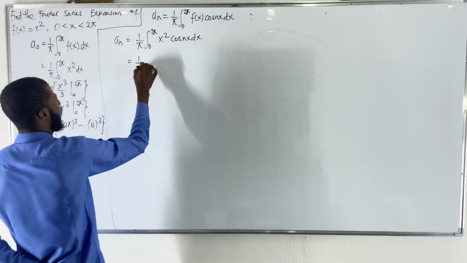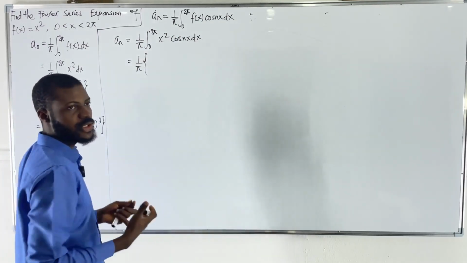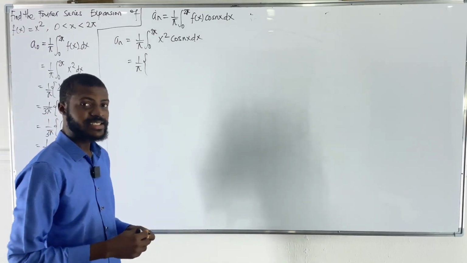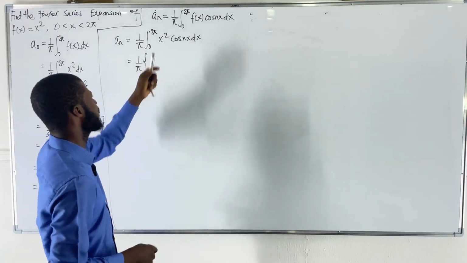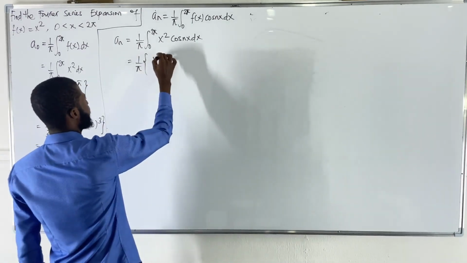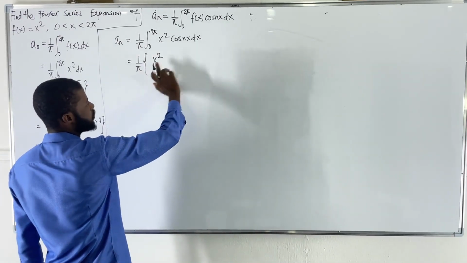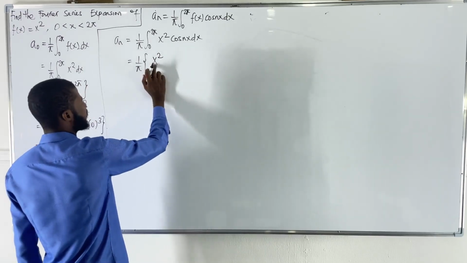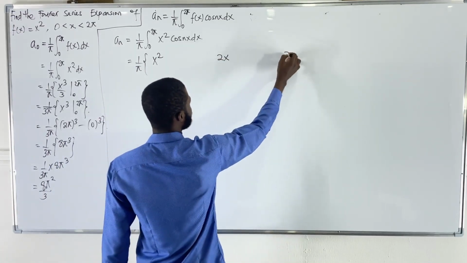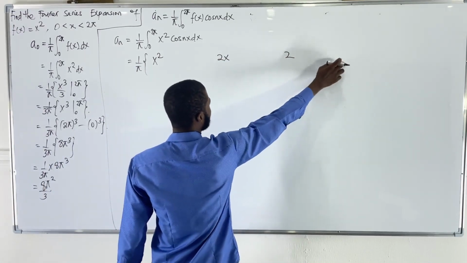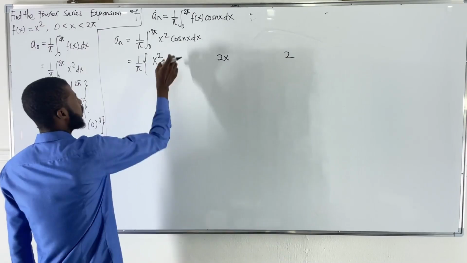Now this is 1 over pi. Now the faster way of integrating by parts is for us to write x squared. So write x squared, differentiate x squared until you get 0. So this is x squared, differentiate x squared, you get 2x, differentiate 2x, you would have 2. Differentiate 2 is 0, but you don't want to write that 0. And this is cos nx.